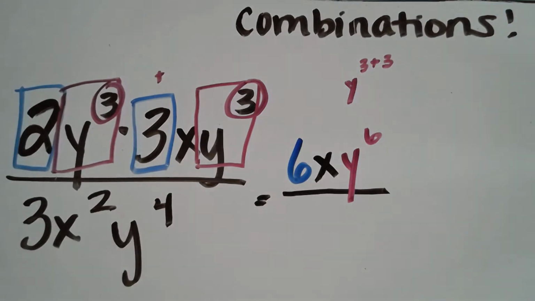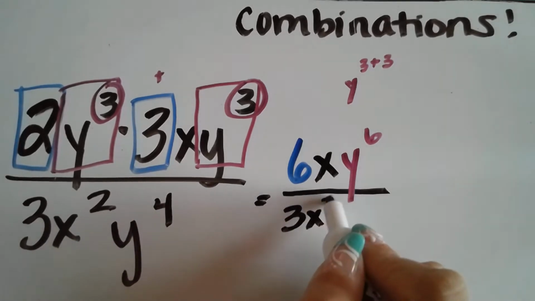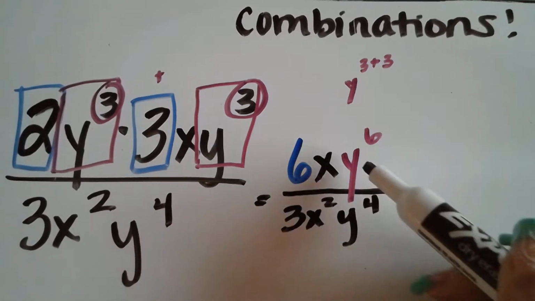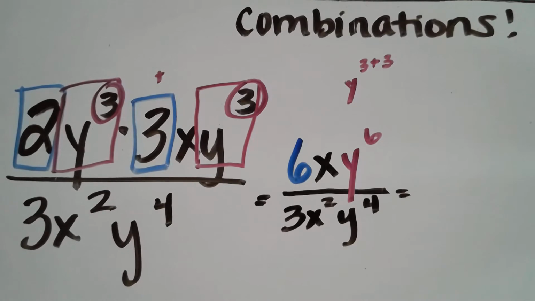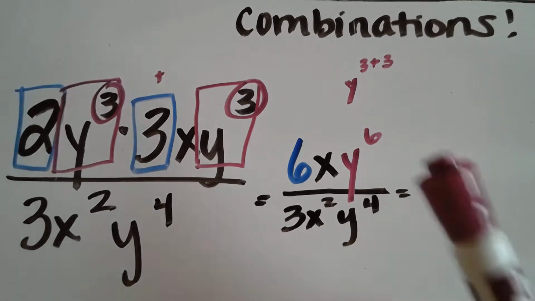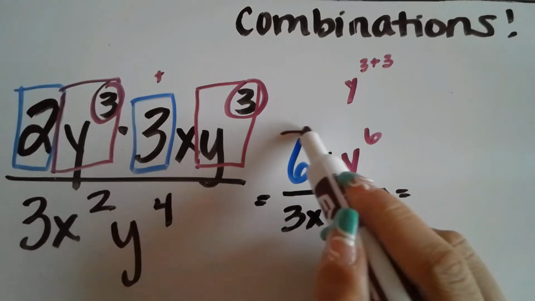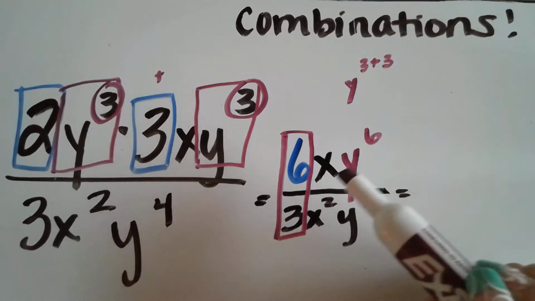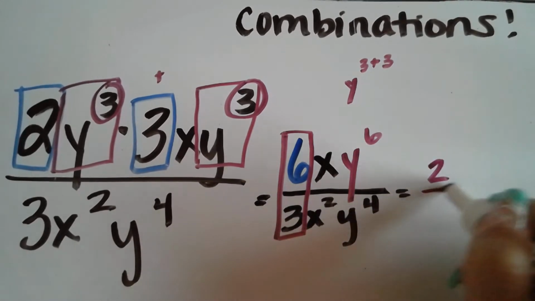We have done nothing to our denominator, so we're going to rewrite that: 3x squared y to the fourth. Now we are dividing, so we can simplify this even more. We look at our coefficients and divide those like normal. So 6 divided by 3 is 2.